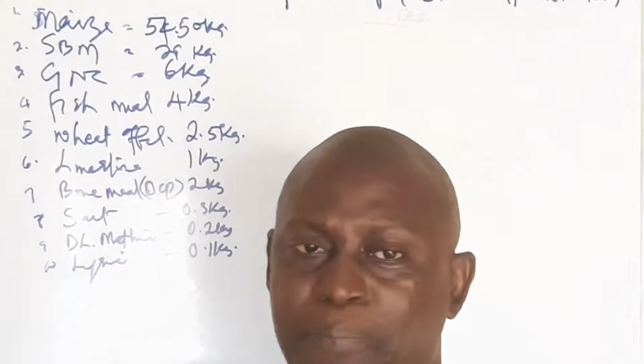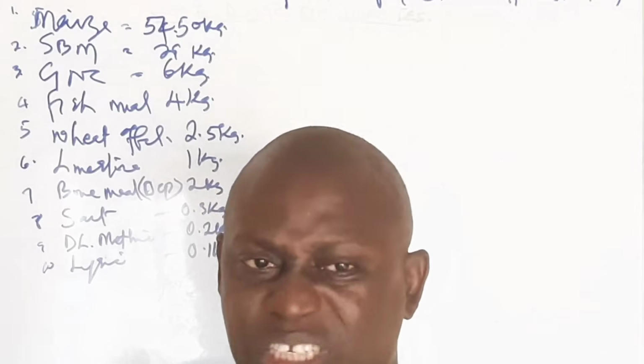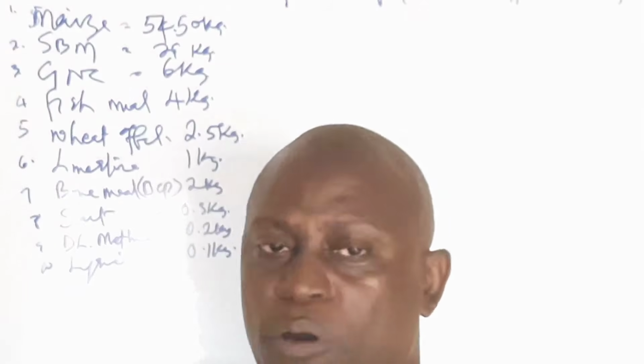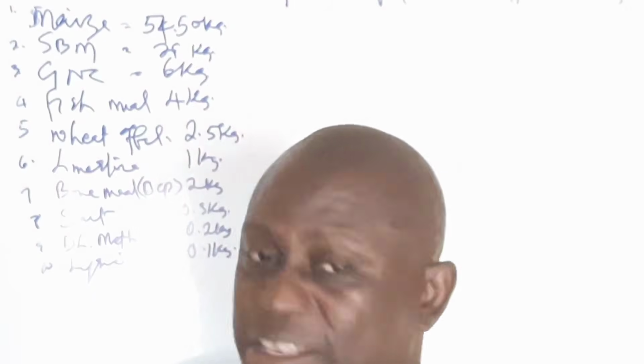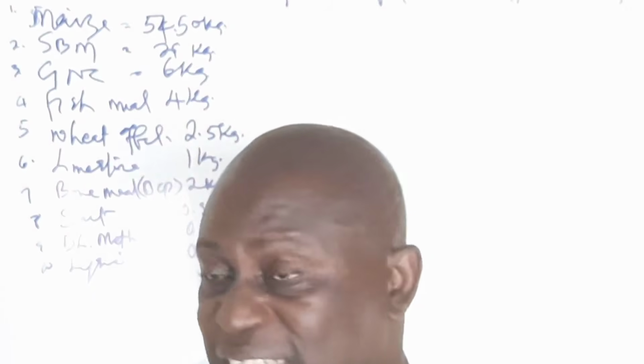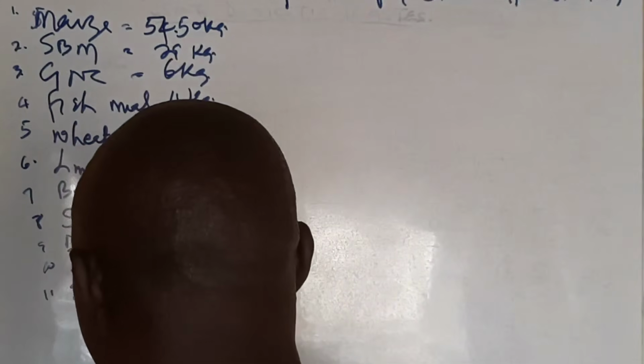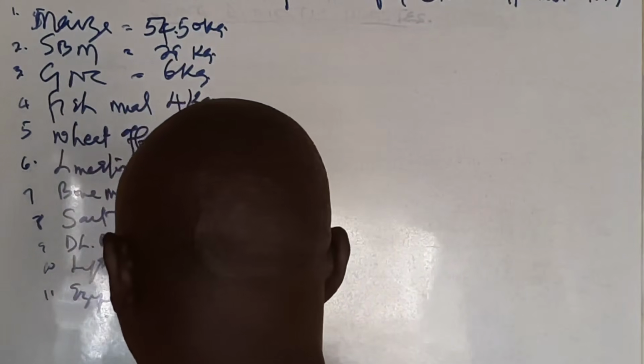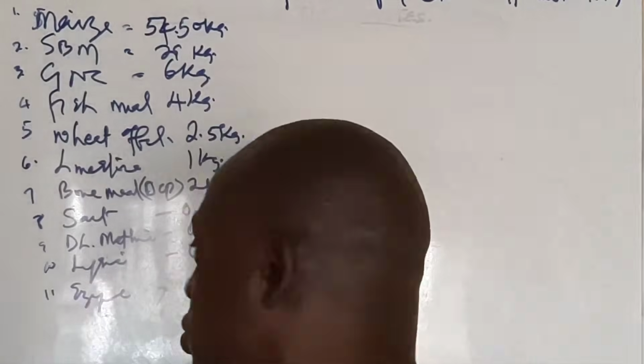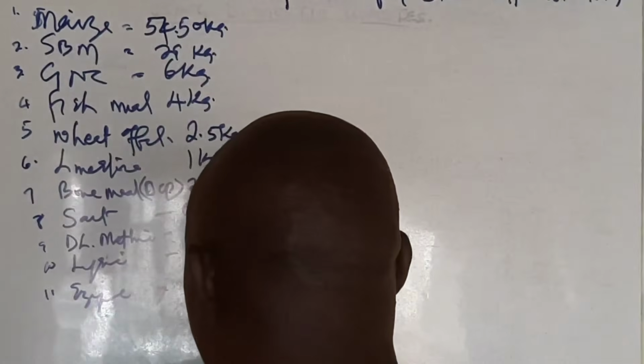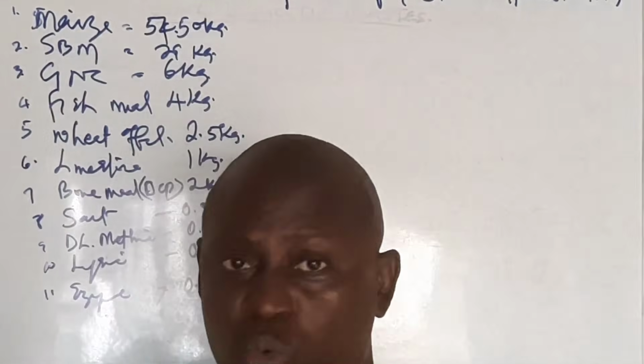It activates the breaking down or decomposition of food nutrients for poultry or livestock to absorb it. Then that is enzyme number 11. 0.05 kg, because you use little quantity of it.